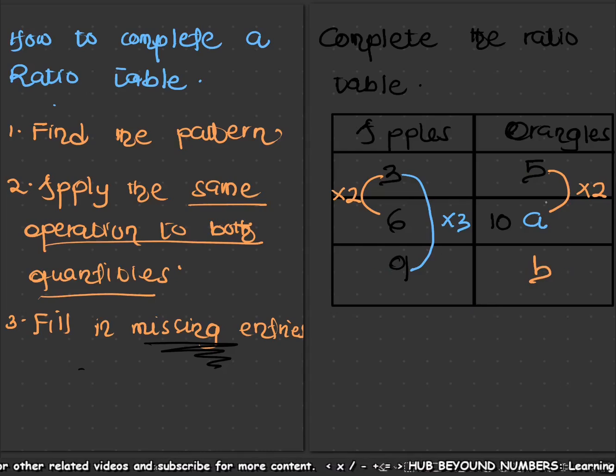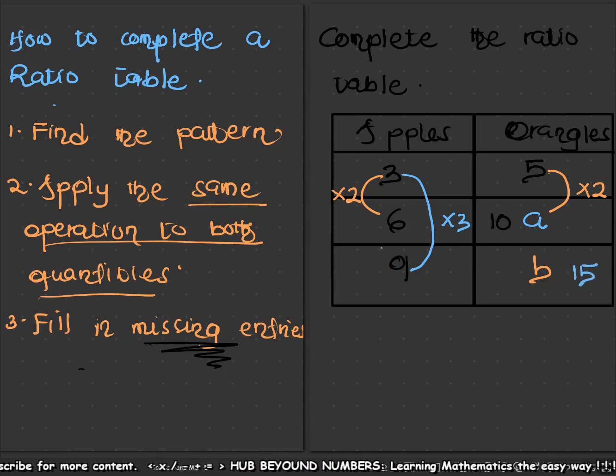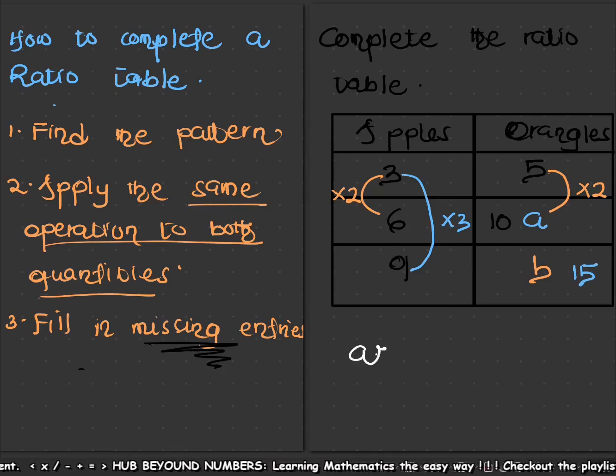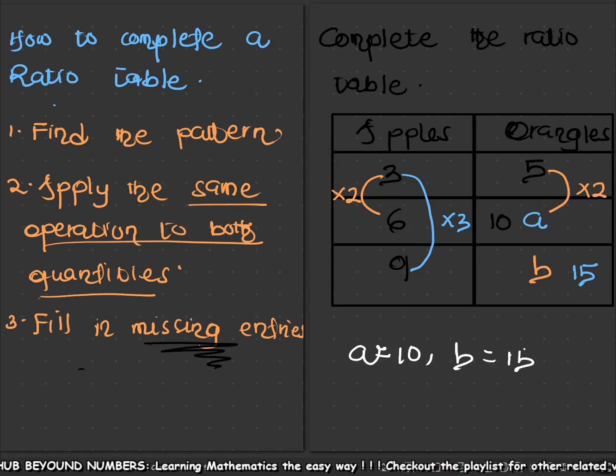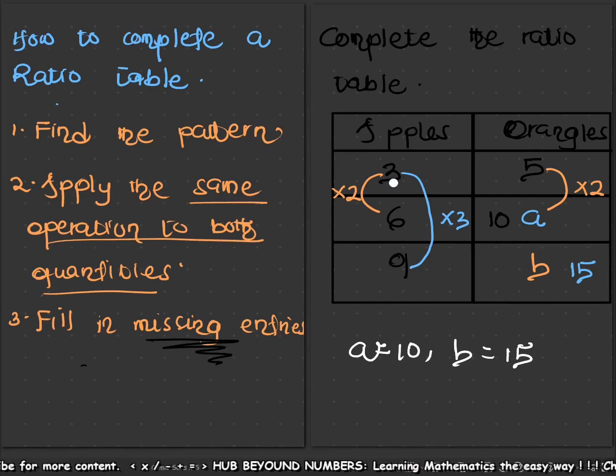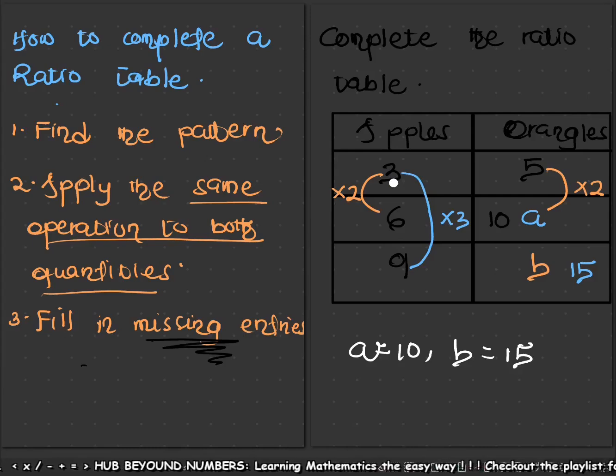So that is 5 times 3, which gives us a 15. You see? So it simply means that our A is 10, and then your B is 15, right? So basically, this is how we apply the idea of equivalent ratios to complete our ratio tables.